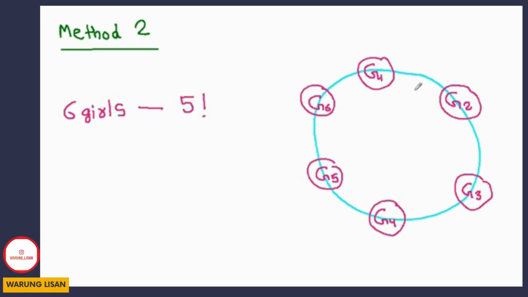And now we don't know the number of boys between these guns. So I am assuming n1 boys between G1 and G2 and n2 boys between G2 and G3, and similarly here n3 boys, here n4, here n5 and here n6 boys.